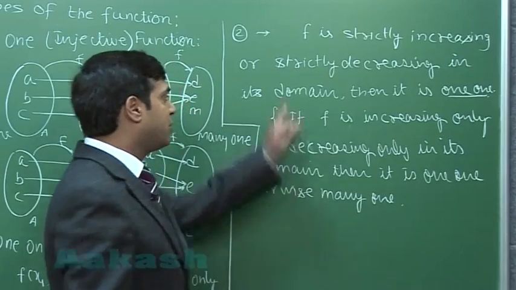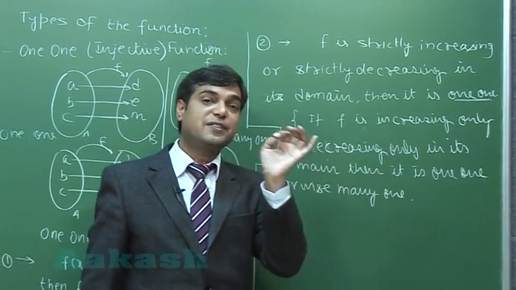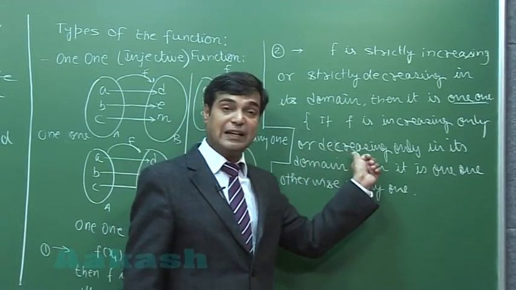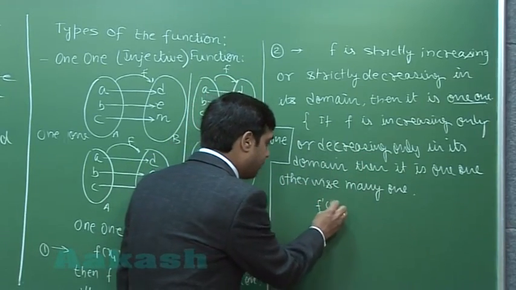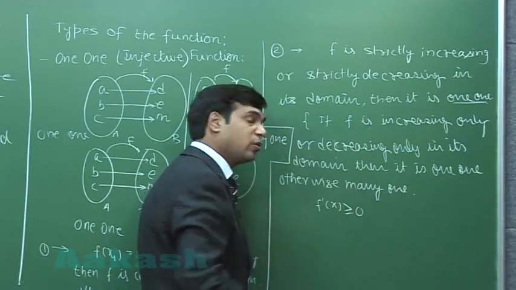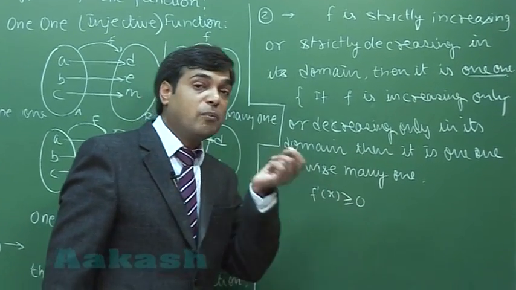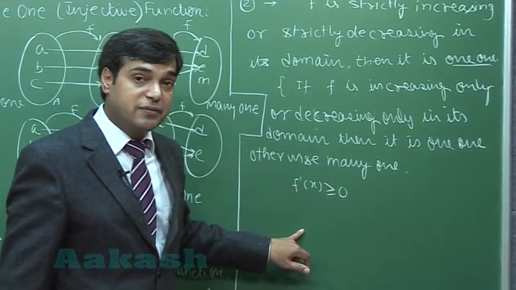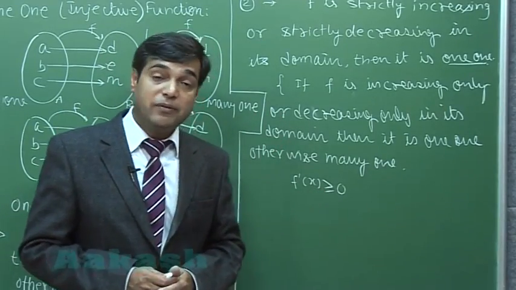What's the difference between the two? When I say it is strictly increasing, meaning f dash x is positive, then definitely it is one-one. When I say simply increasing, then I'm using the term f dash x is greater than or equal to 0. Correct? Now, if this equality is for a moment, means just for a point, then we say the function is one-one. But if it is in an interval, then it will not be one-one.